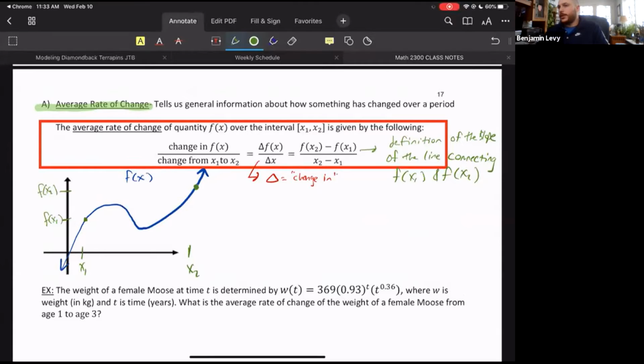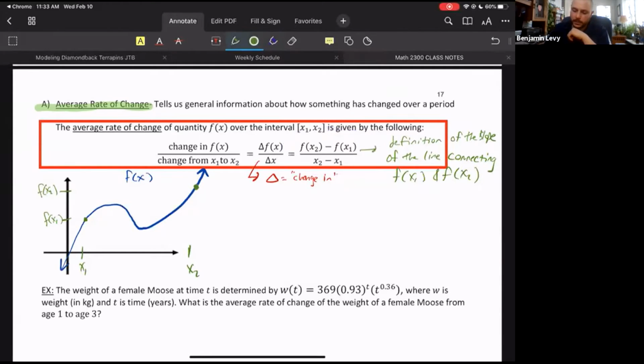Right, so first of all, notice the x values are on the x-axis, of course, but the f of x values, those are y values, right? So f of x1, f of x2 are outputs. They're function outputs. They're on the y-axis. And so this formula that I'm circling is just the slope connecting those two green dots on the line that I drew.